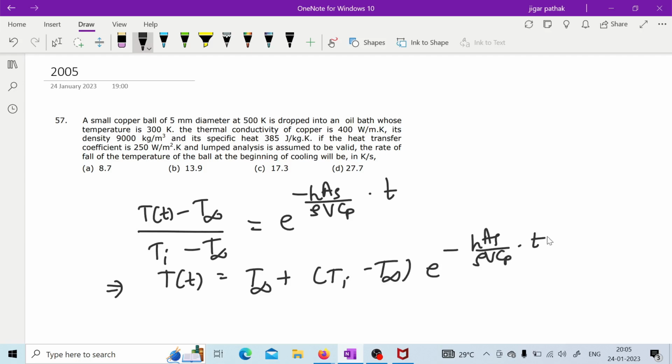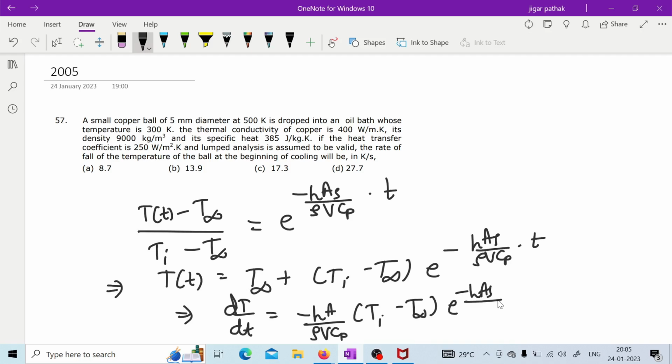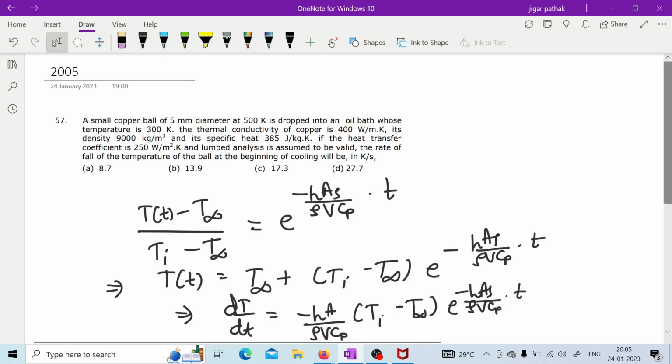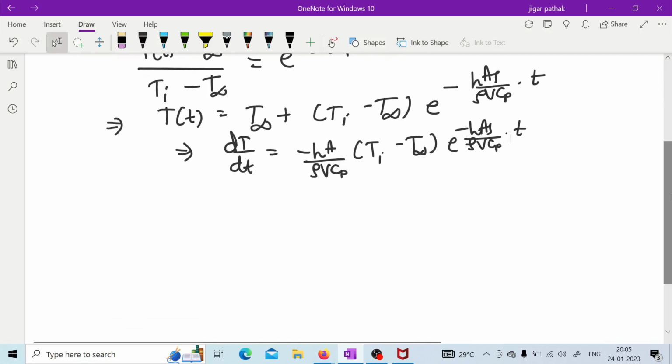Now if you differentiate it with respect to t, then dT by dt can be written as minus hA upon rho V cp into (T minus T infinity), because T infinity is constant and its derivative goes to 0, right? So this is how you will get your rate of change of temperature with respect to time.